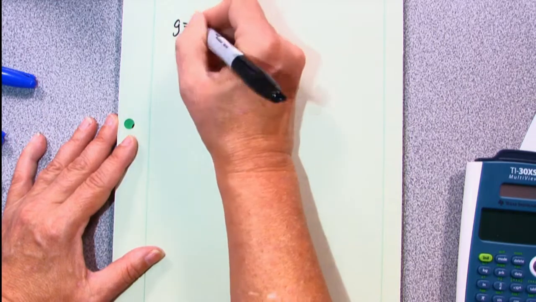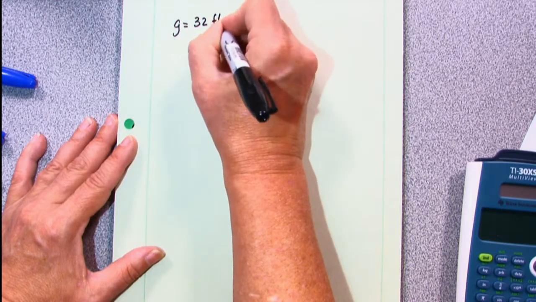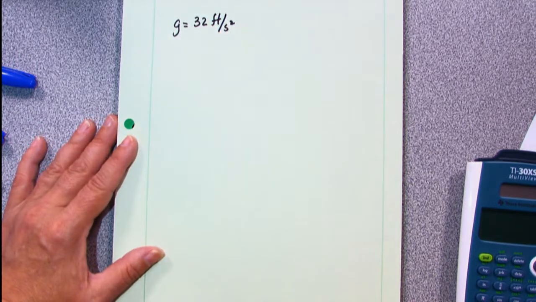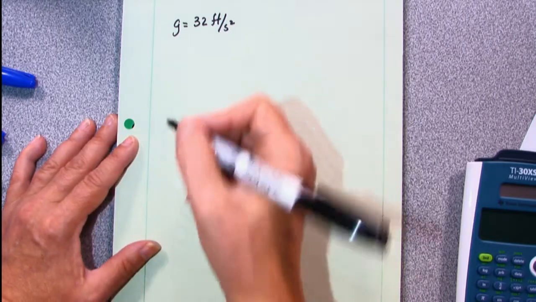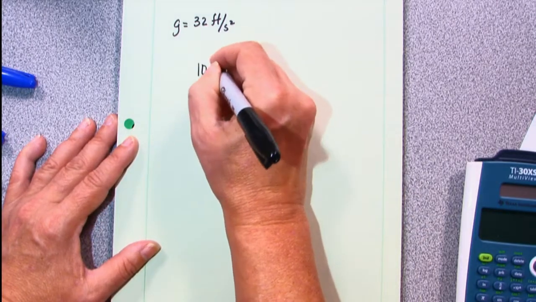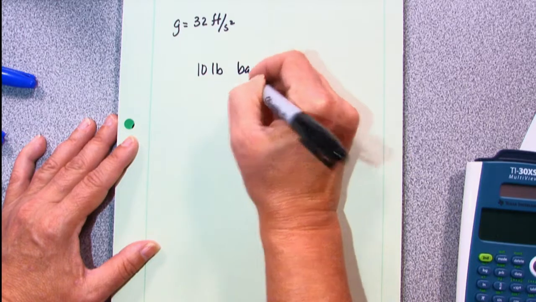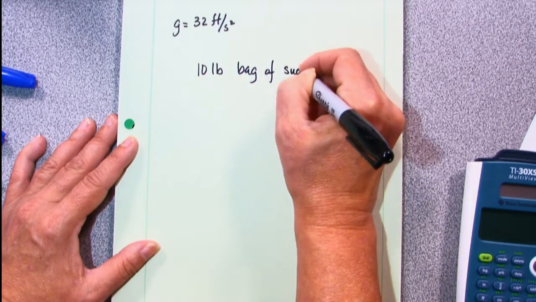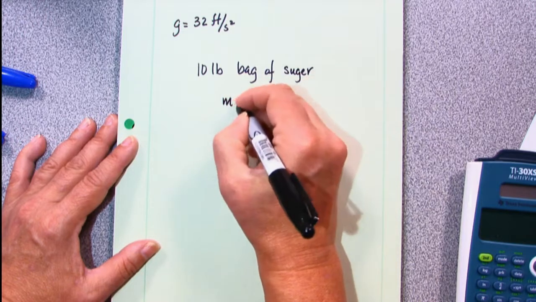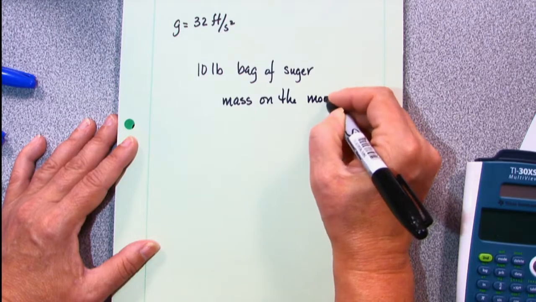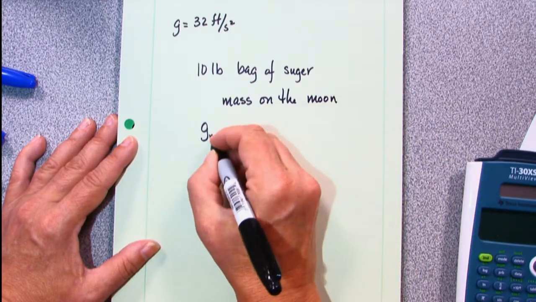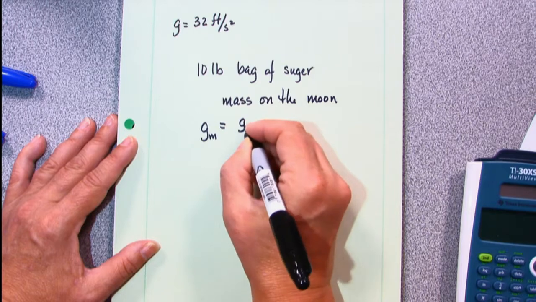Gravity, just in case we get pounds, is 32 feet per second squared, so you can figure out mass. Every now and then you'll get problems in pounds. If I've got a 10-pound bag of sugar and we want to know the mass on the moon, the gravity on the moon is 1/6 gravity on the Earth.